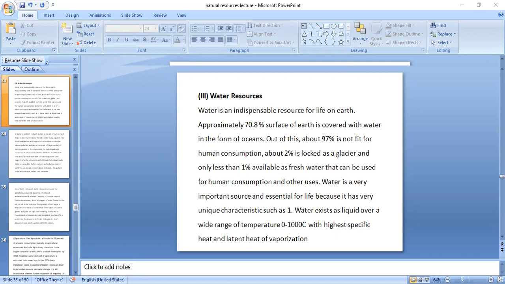Then comes the river. River valley projects provide inland water navigation, employment opportunities, and can be used to develop fish hatcheries and nurseries. Just now in the previous part of this lecture, we have studied water as a source of navigation.